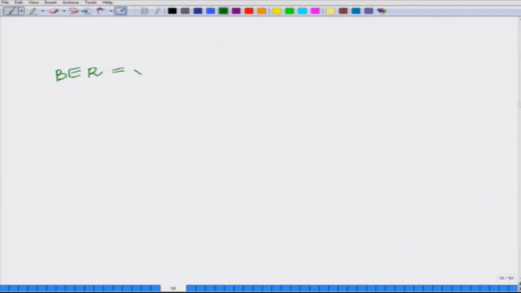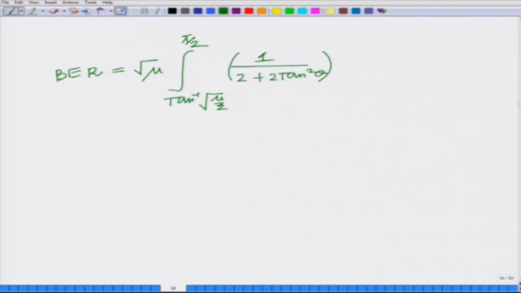I have this bit error rate is basically equal to square root of mu, integral from tan inverse square root of mu over 2 to pi by 2, of 1 over 2 plus 2 tan square theta raised to the power of 3 by 2, times square root of 2 by mu secant square theta d theta.